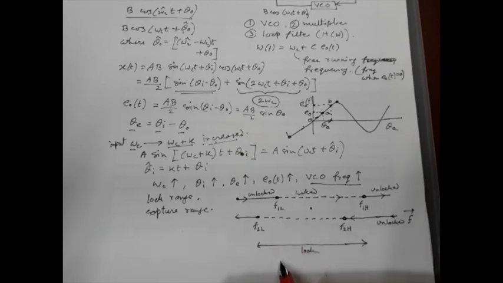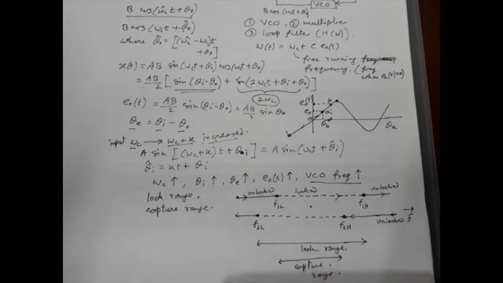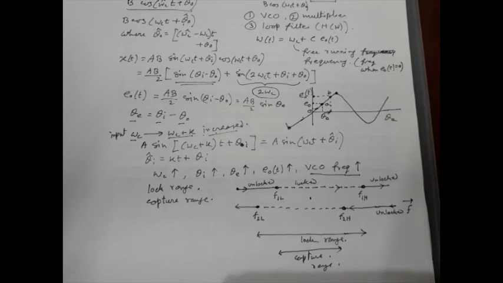So f1L to f2H, this range is called the capture range. This is the lock range. This is a kind of, you can say, electronic inertia.